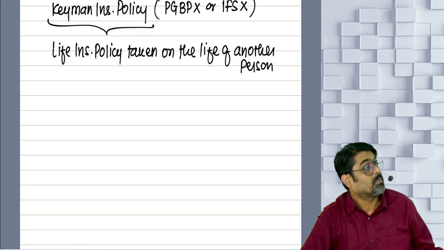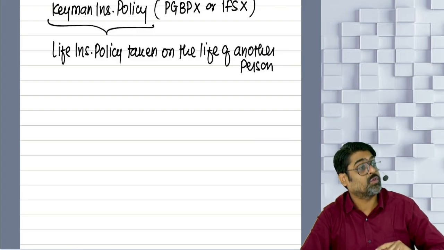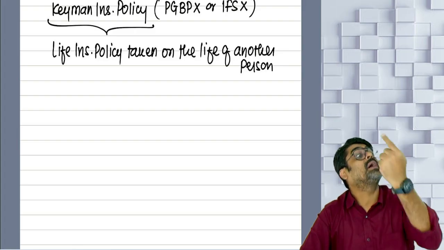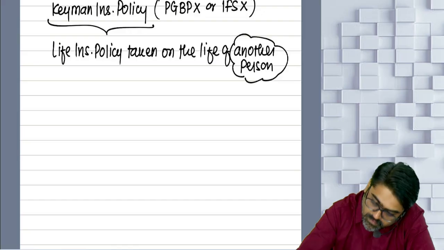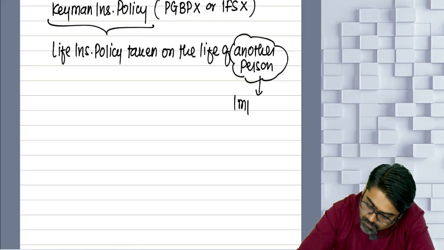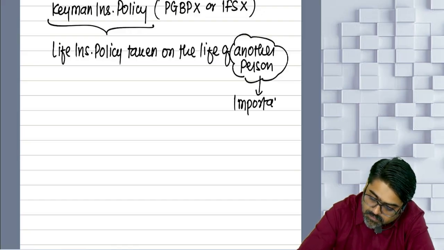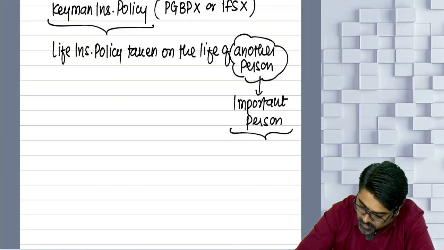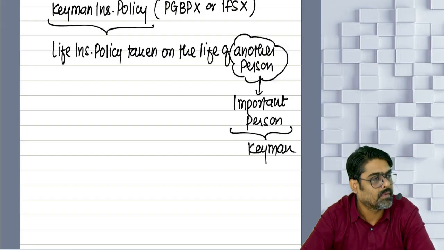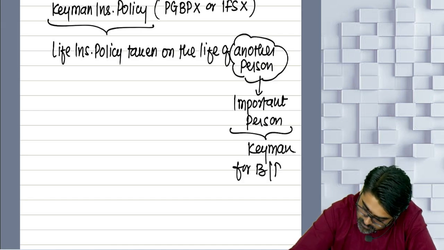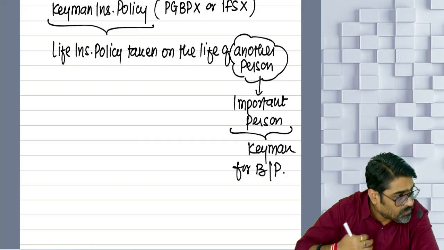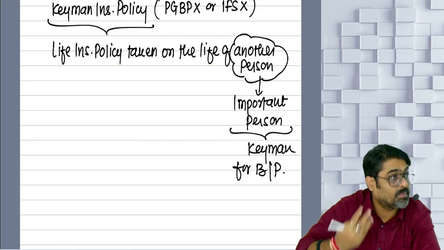Yes or no? But if I am taking a life insurance policy for another person, and that another person is an important person, that important person is what? Keyman. For business or profession of the person who is taking the policy.